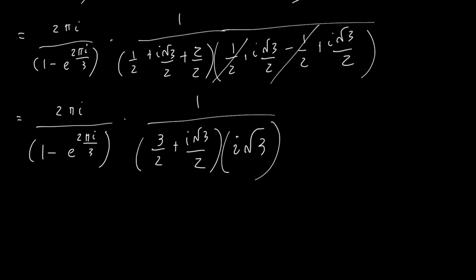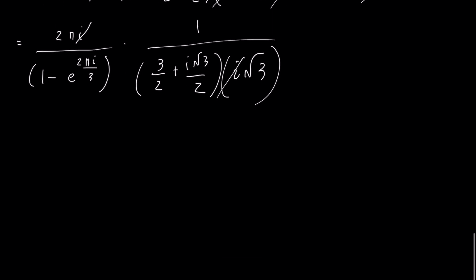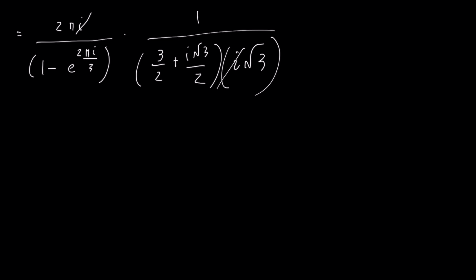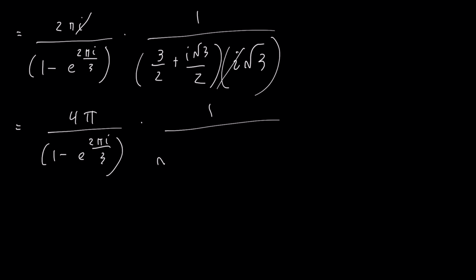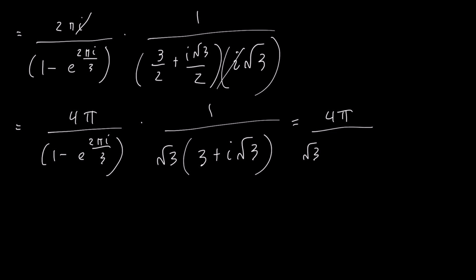But as you could see, these i's end up canceling, and we can rewrite this as 4 pi over 1 minus e to 2 pi i over 3 times 1 over the square root of 3 times 3 plus i times the square root of 3. So we have 4 pi over square root of 3 times 1 minus e to the 2 pi i over 3, and then times 3 plus i times the square root of 3.